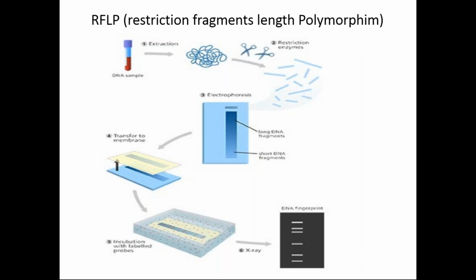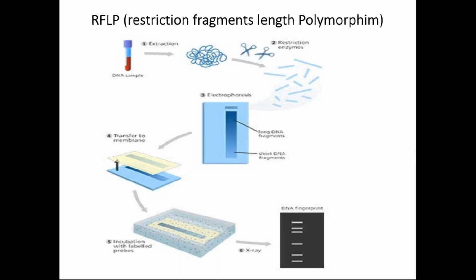So dear participants, in any method of DNA analysis, we require the genomic DNA. Okay, so in RFLP, we require the genomic DNA. Whatever sample we receive in the laboratory as biological evidence, from that material we extract the genomic DNA, and from that genomic DNA we can develop the DNA fingerprint or DNA profile.